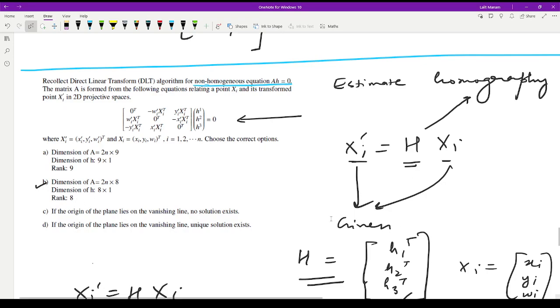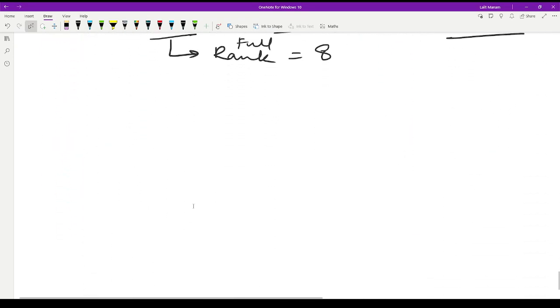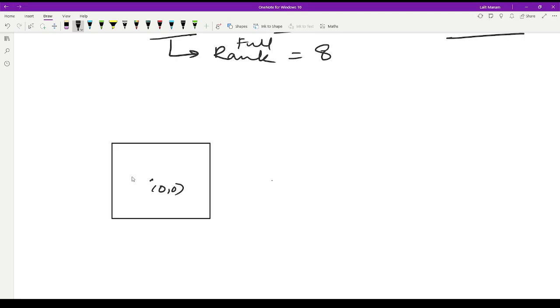The other part is: if the origin of the plane lies on the vanishing line. What does it even mean? Let us use some shapes. We have some plane here whose origin is given as 0,0, and with this you are transforming it to some other plane using the homography.